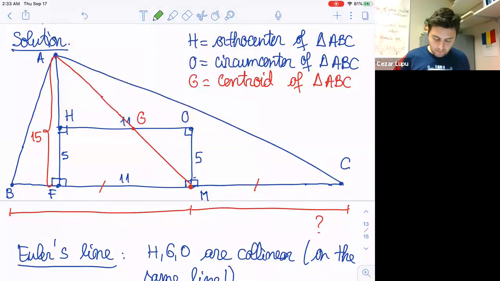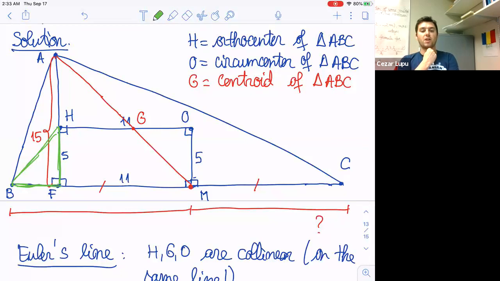So this triangle here, BFH. Again, this is a right angle triangle. So I know that FH is 5.